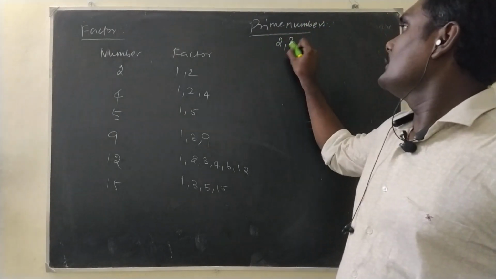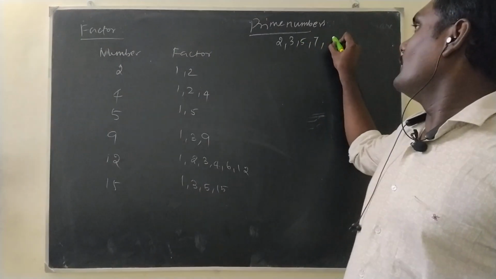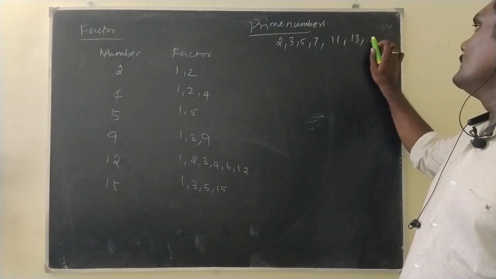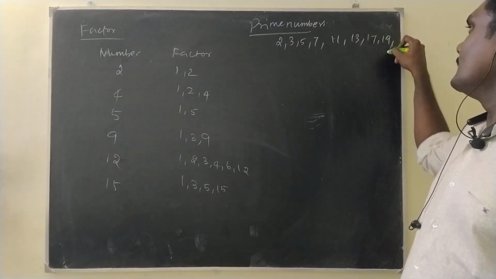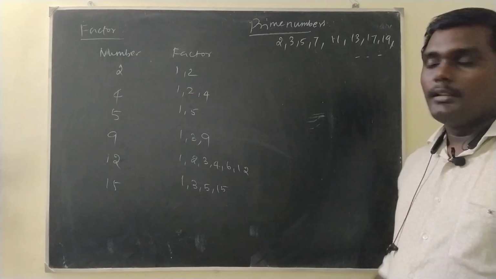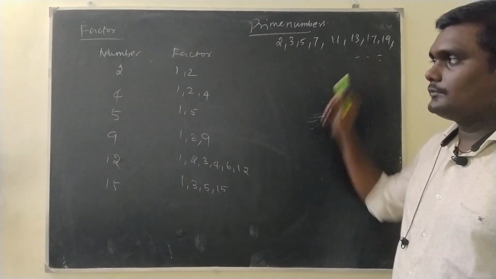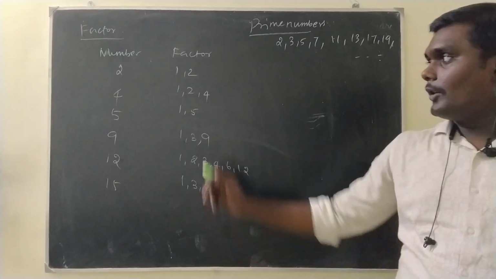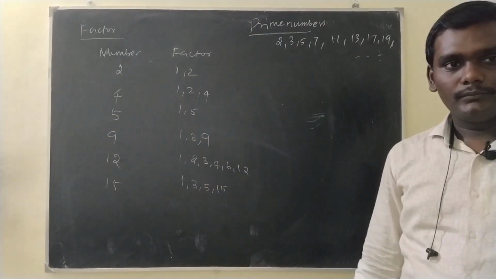It starts from 2, 3, 5, 7, 11, 13, 17, 19 and so on. These are all prime numbers, and prime factor means a combination of these two.